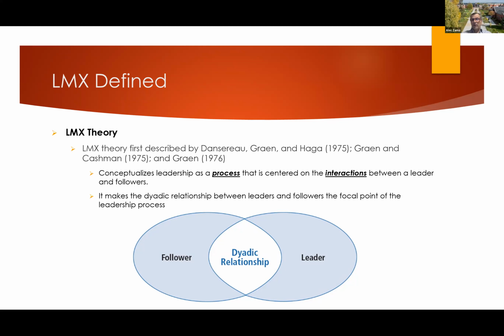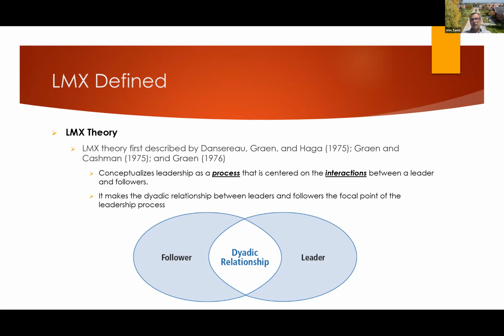Prior leadership research was leader-centric. In other words, they focused on the leader from the traits perspective, skills perspective, behavioral perspective. Other theories focused on the situational perspective. This was among the first to focus on the relationships between leaders and followers.